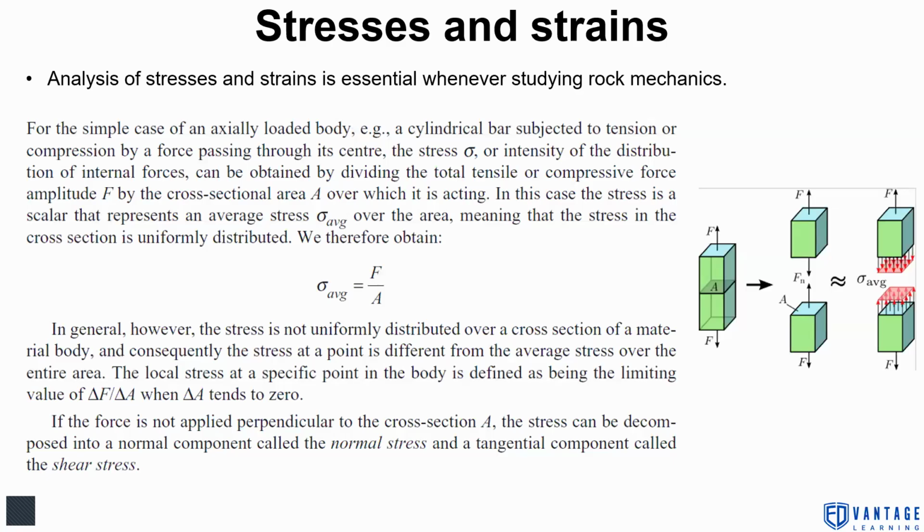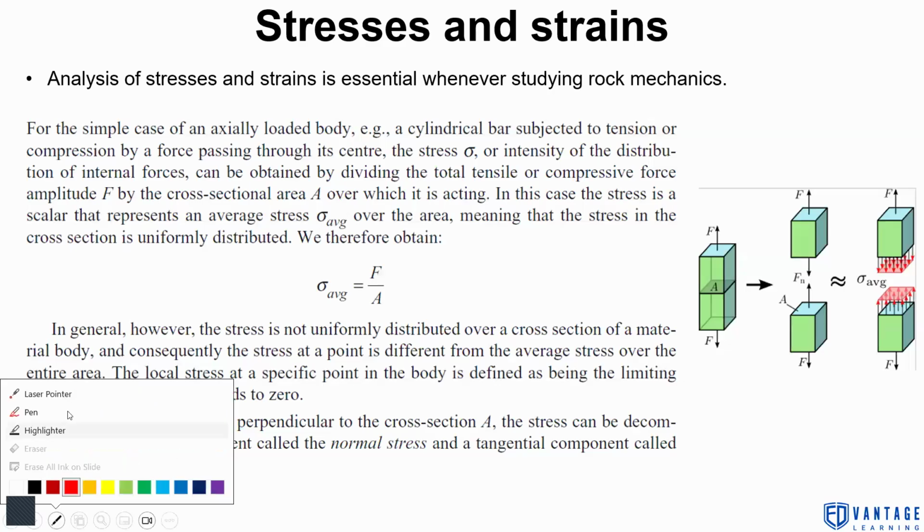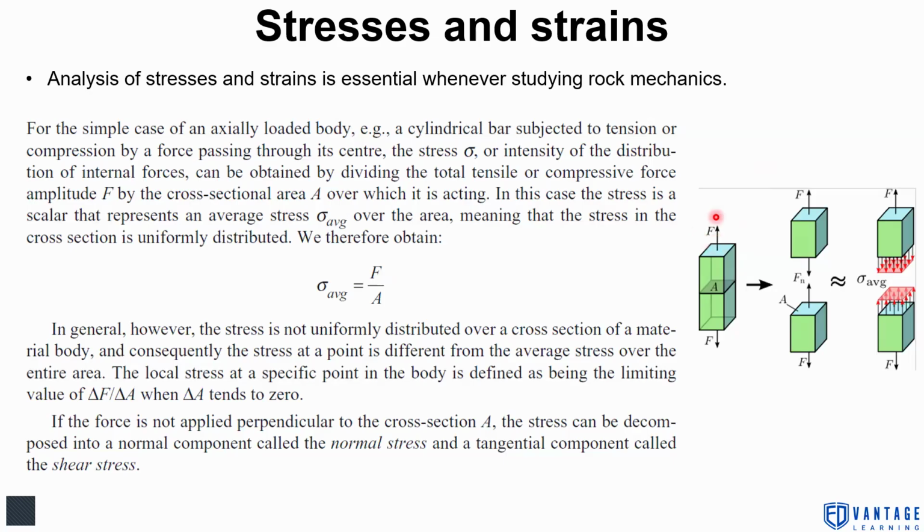On the right, you can see an elongated body. We are trying to apply tension on both sides, force up and force down. This force is acting on an area of cross section.